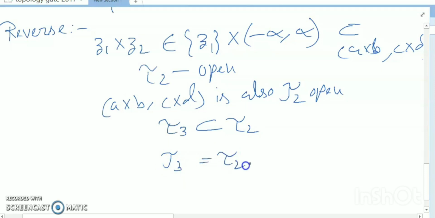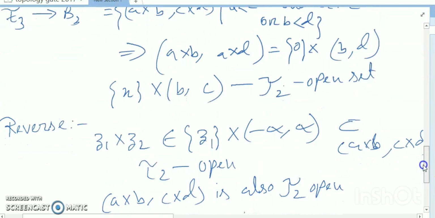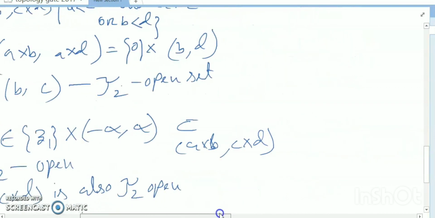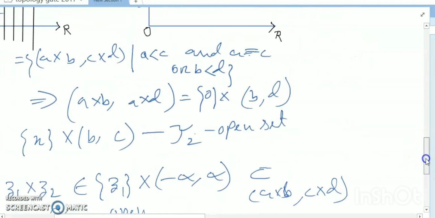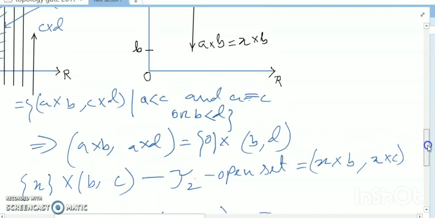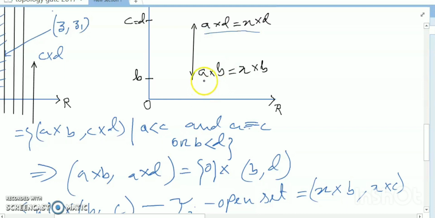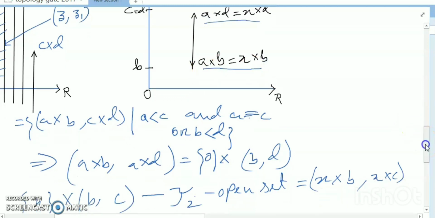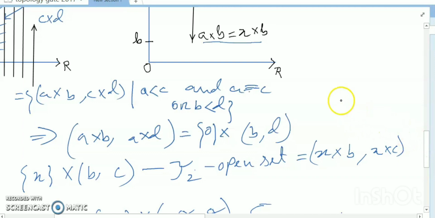So tau 2 is an open set, equal to x cross B, x cross C. In this graph you can see x cross B into x cross C. So tau 2 is a subset of tau 3, and on the other hand tau 3 is a subset of tau 2.